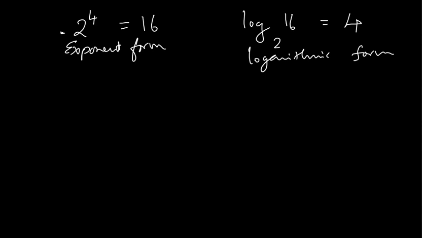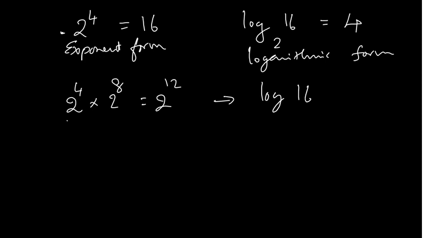Okay, so how they try to use this: if I have 2 to the power of 4 multiplied by 2 to the power of 8, I know that I'll get 2 to the power of 12. So how they do it in this logarithmic form: 2 to the power of 4 we wrote as log 16 to the base 2, correct?